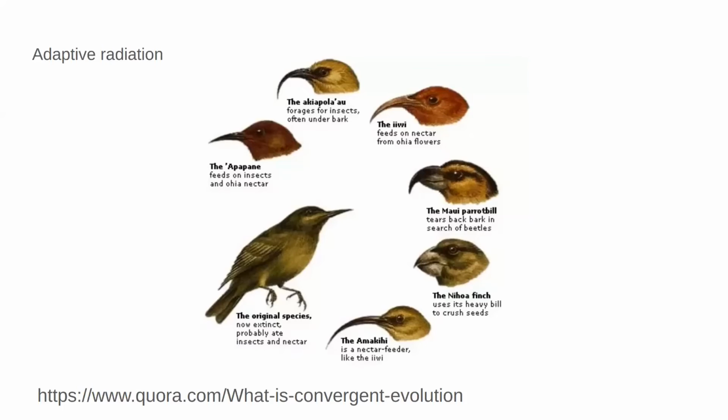Sorry, it's a blunt, heavy sort of tool that it can use to dig insects out of the hole. So this is trying to be a woodpecker, but going about it in a different way. So different mutations have ended up causing the ancestral population to split into a bunch of different species.